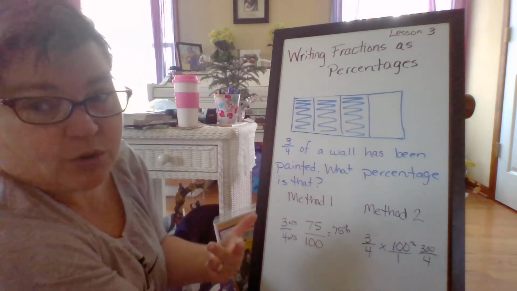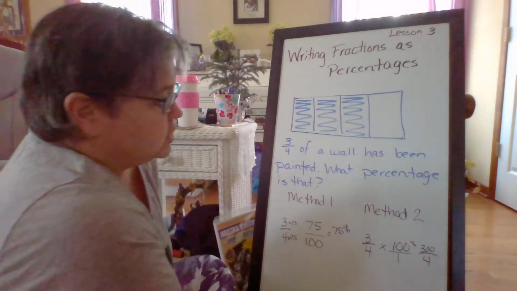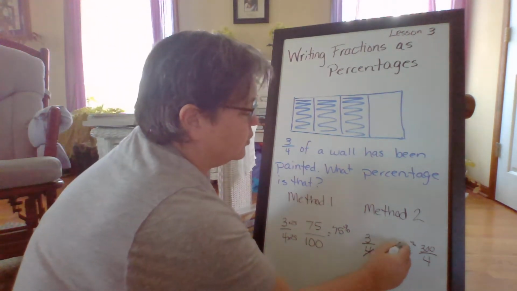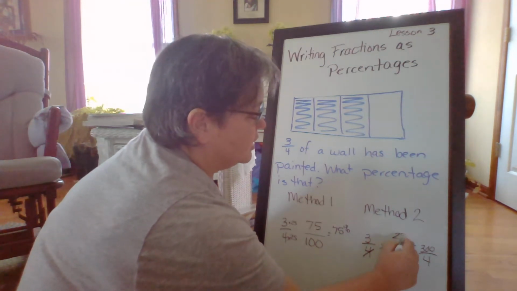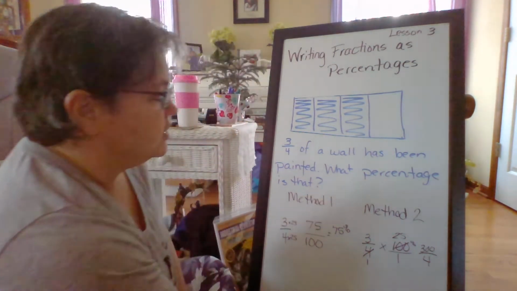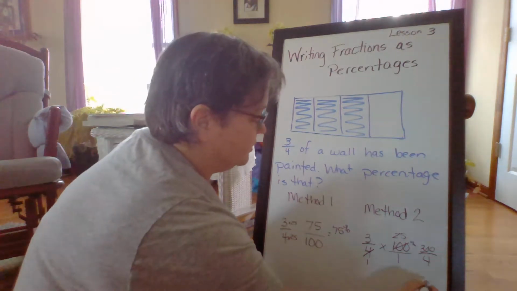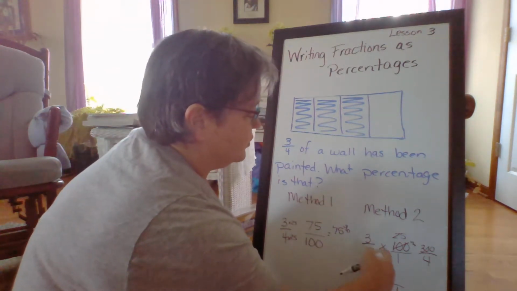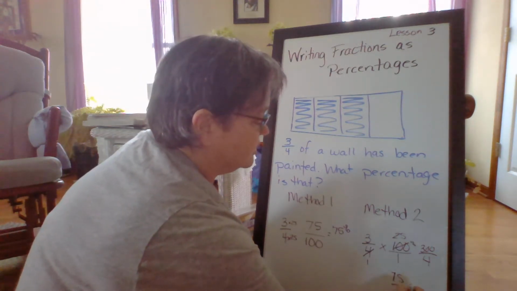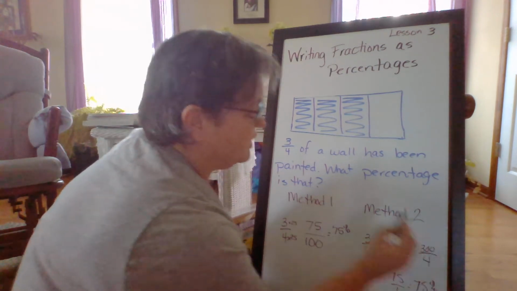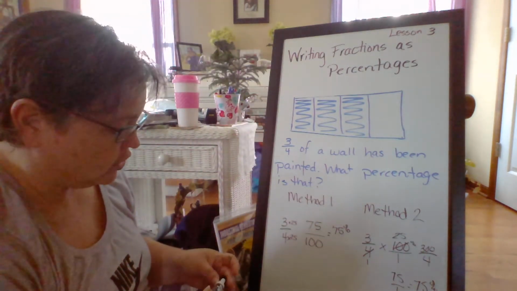I like to cross reduce to make it easier, and I know that 4 will go into 100 25 times. So I'm going to say 1 times 1 is 1, 3 times 25 is 75. So either way, I'm going to get 75% as my answer.